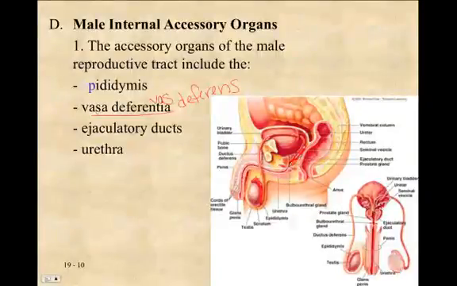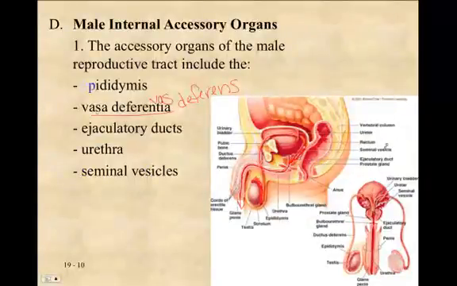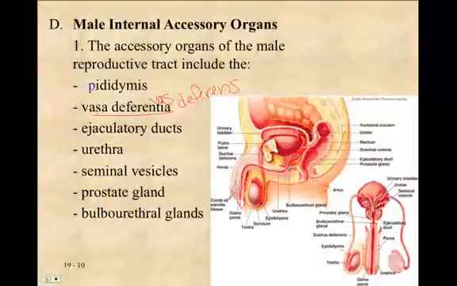This is the urethra, and the urethra takes the fluid all the way out. We talked about the seminal vesicles here, and then we have the prostate gland, which is here. And then we have the bulbourethral glands, which are right here. There's one on each side.